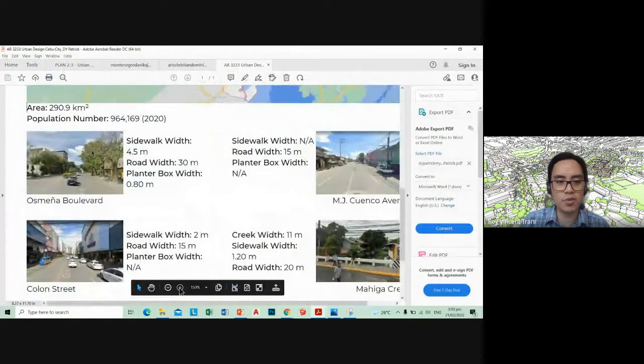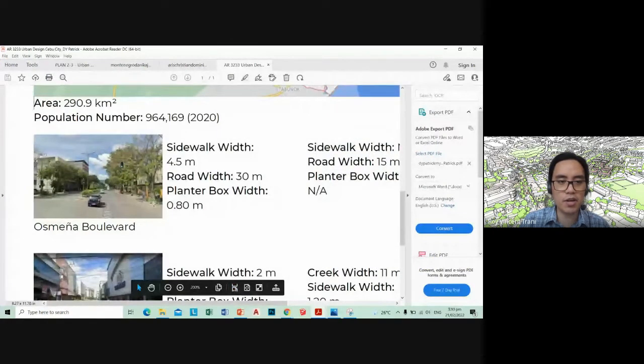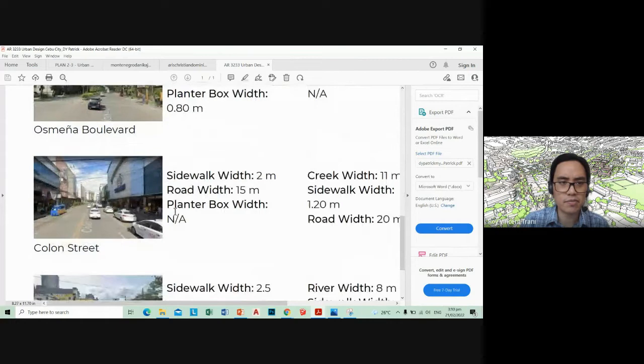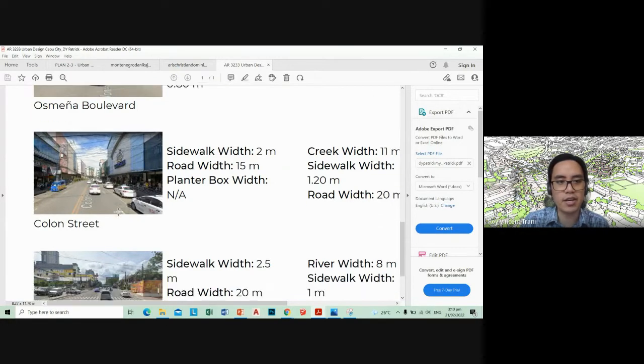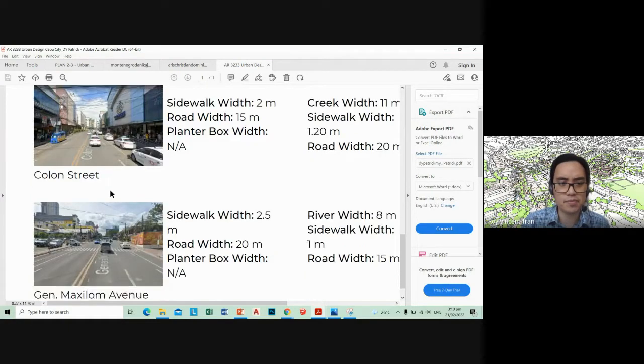So let's look at Cebu City. Let's see, Osmeña Boulevard, I think one of the better streets in Cebu City. It has an island, two sidewalks, and also street trees. Colon Street has arcaded areas usually, so that means it's covered sidewalks and no street trees, but it's fair to say that it's a successful urban space because people use it, and it's really a space for the people.